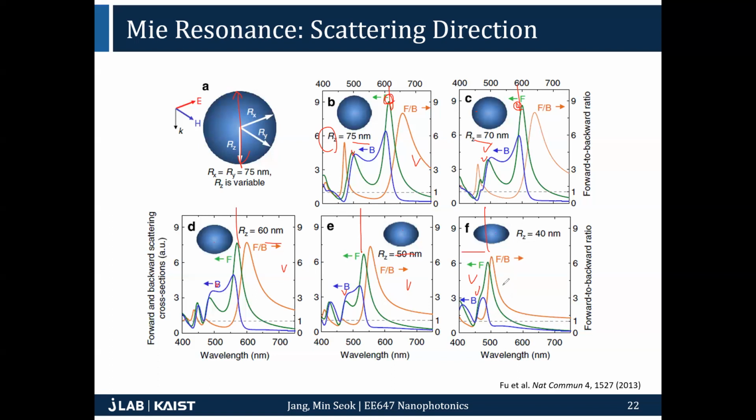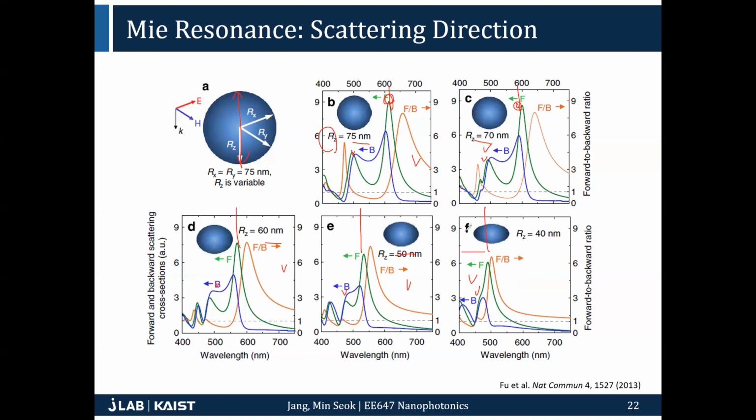So it's rapidly moving towards the shorter wavelengths. So why does this happen? Why, as we squeeze the nanoparticle, does the magnetic resonance get affected more than the electric resonance?